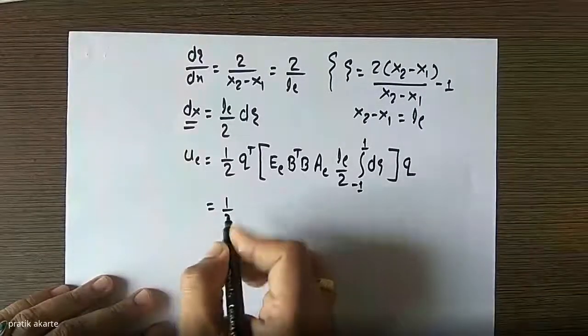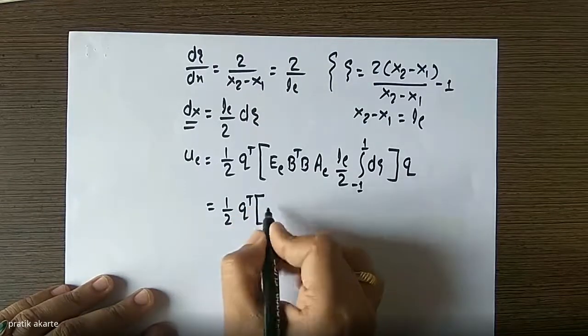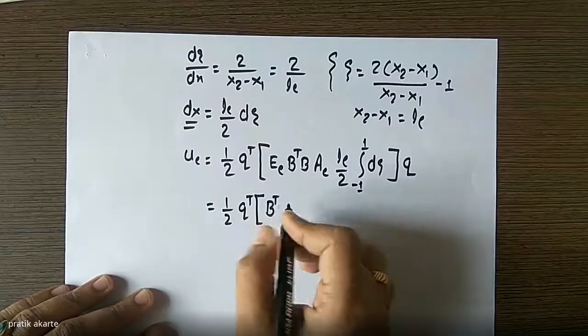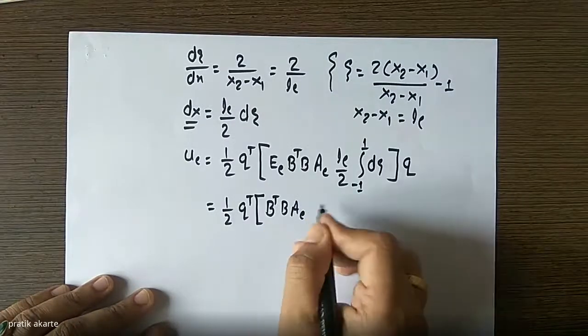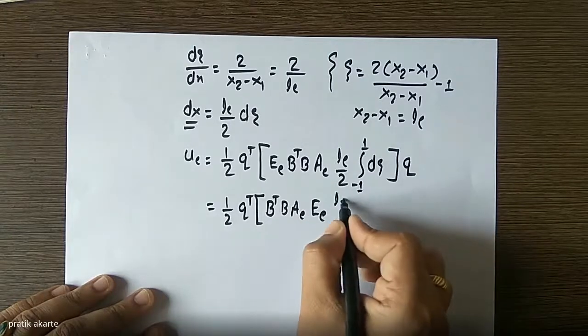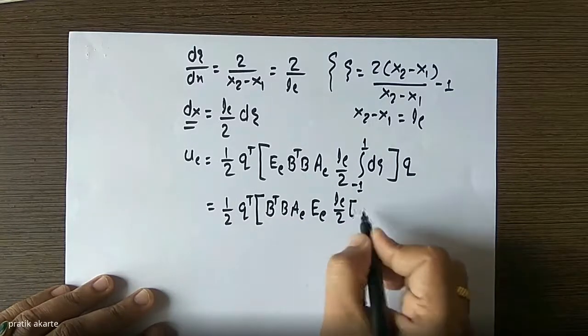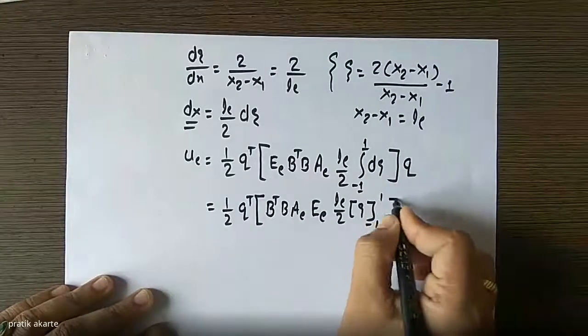After solving this, I'll get q transpose, rearranging the terms, B transpose B, A E, modulus of elasticity, Le by 2, and zeta from minus 1 to plus 1, q.